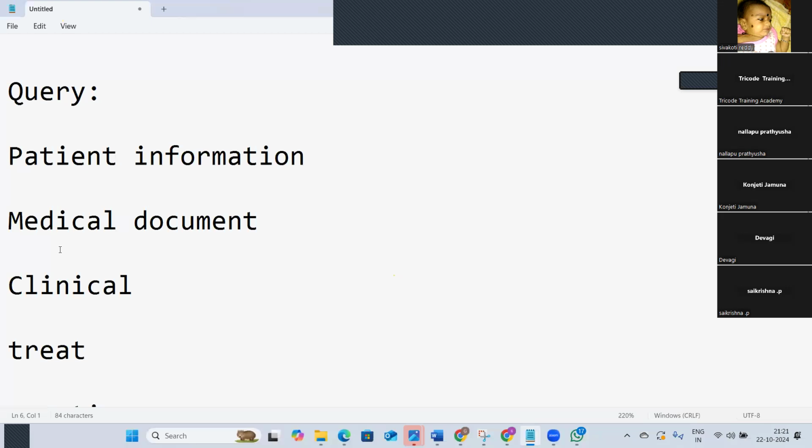For sending queries there are so many options and formats. Why do we need to follow so many formats, sir? Because in real-time IP coding, sometimes we don't know how to ask the question, and sometimes we don't have the option to provide to the physician. So there are many formats.